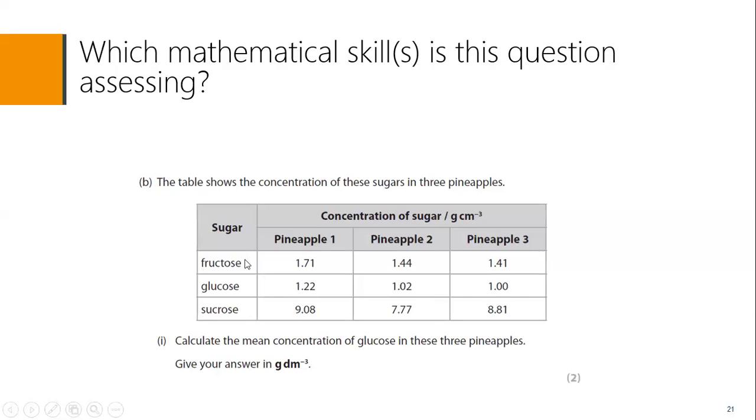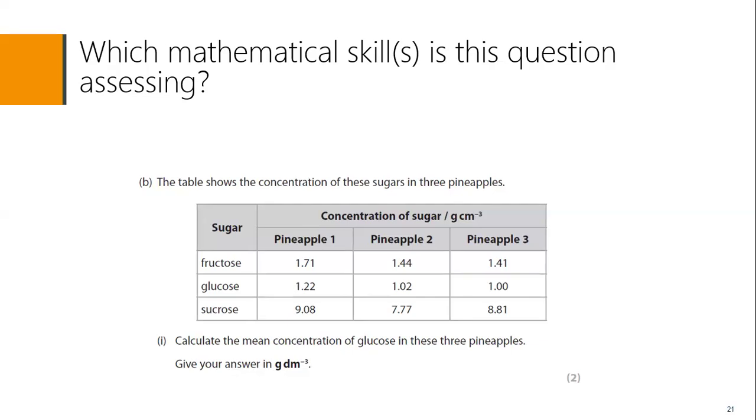So we're looking at fructose, glucose, and sucrose in 3 different pineapples. And the students are asked to calculate the mean concentration of glucose in these pineapples and to give the answer in grams per decimetre cubed.